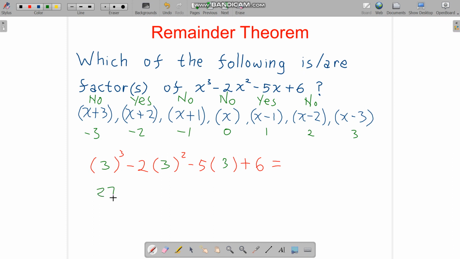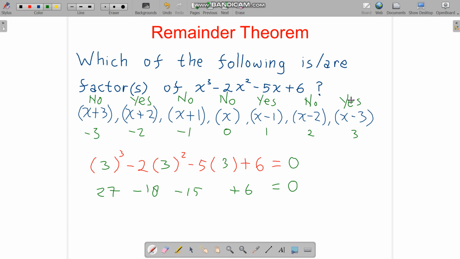We plug in 3, we get 27 minus 18 minus 15 plus 6, 33, 33. So yes. Right, this is the last one, so just write down everything. So yes, we have 3 factors.